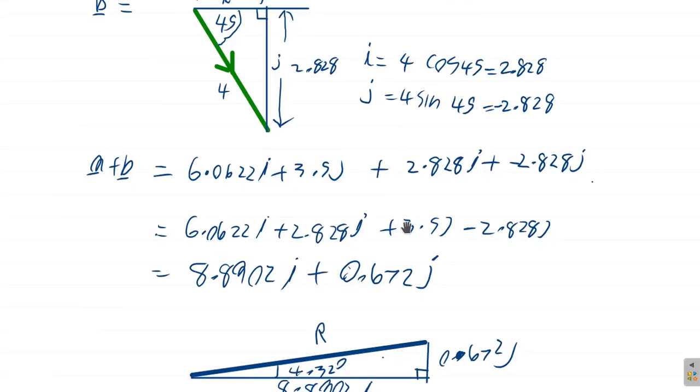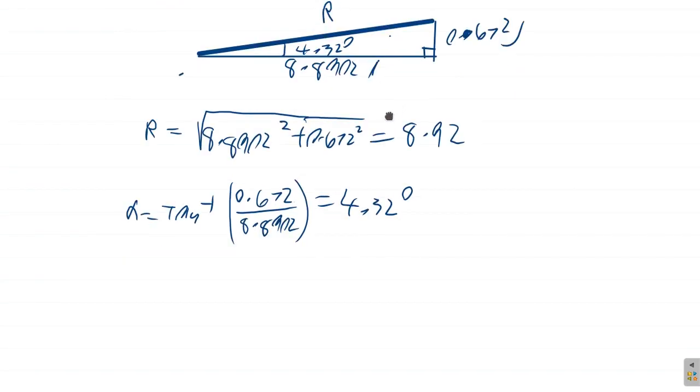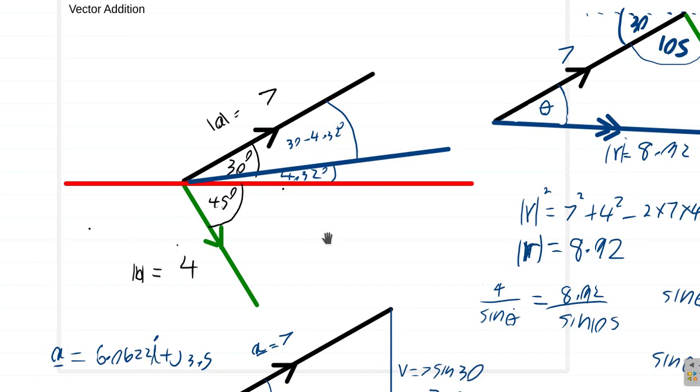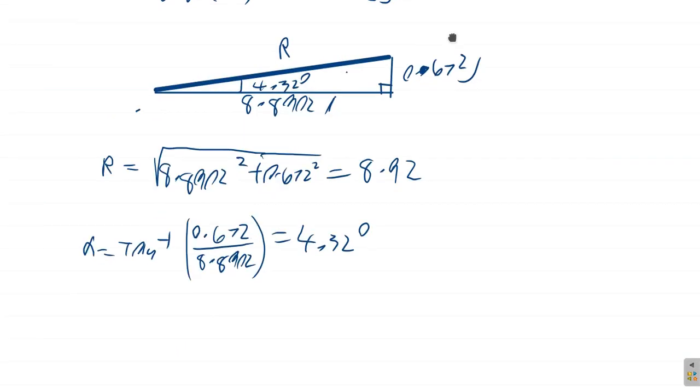And we see that we did not have to use the sine and cosine rule. So that is one good way to add the 2 vectors. Break them up into their horizontal and vertical components, combine all horizontal and all vertical components, then put them back together, and you get the resultant. Alright?